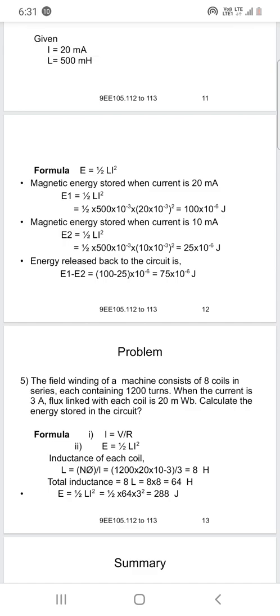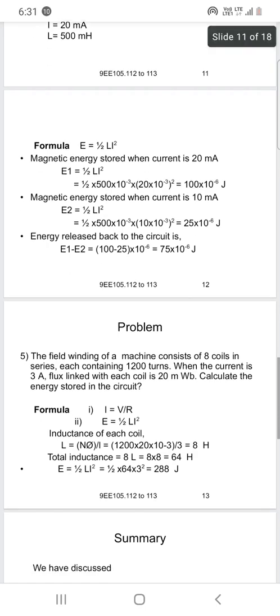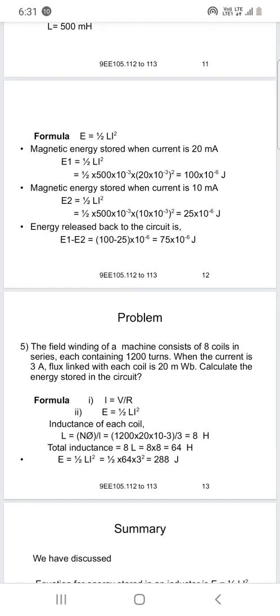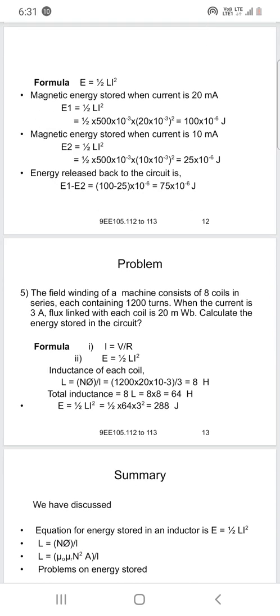Next, the electrical energy stored in the magnetic field when the current is halved. Halved means 20 milliamperes goes to 10 milliamperes. Then we will get the energy stored in the magnetic field.